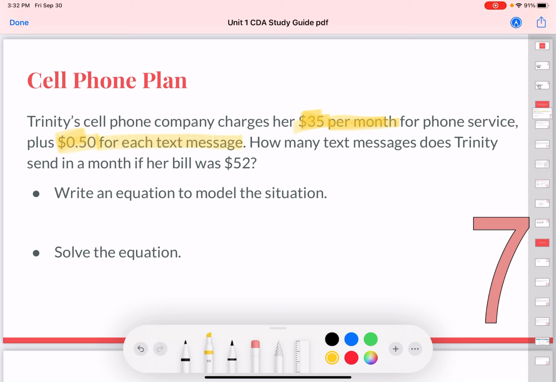So it's asking how much does she pay in a month. So I know this per month, even though it says per, which makes it seem like a rate, is actually not a rate because that's like the flat fee for the whole month. And we're looking at per text message as the rate of change.